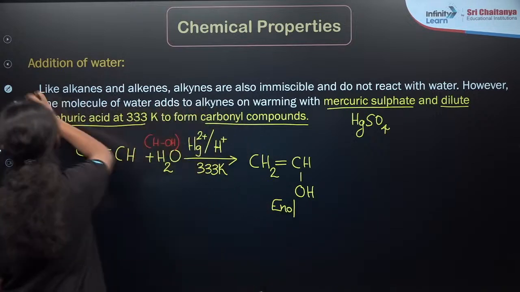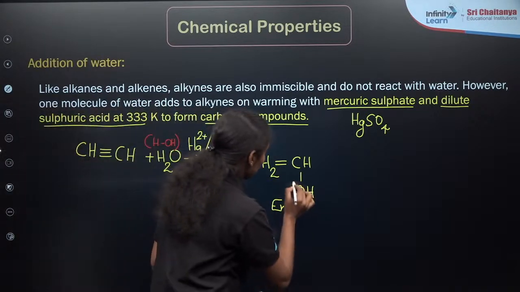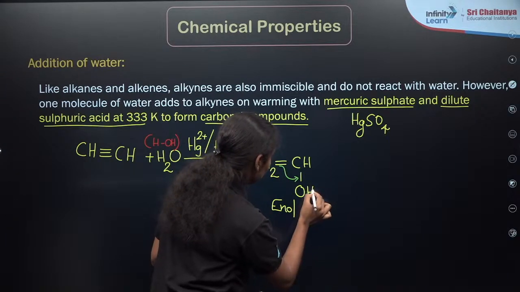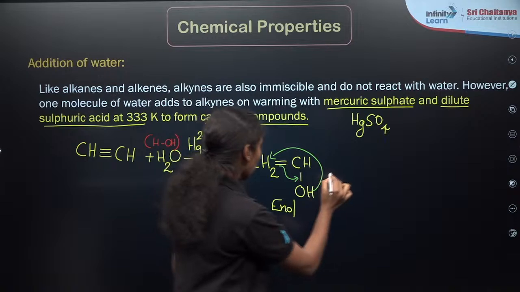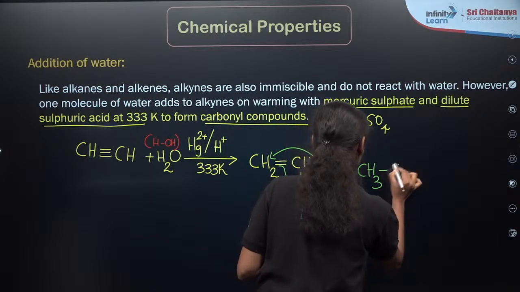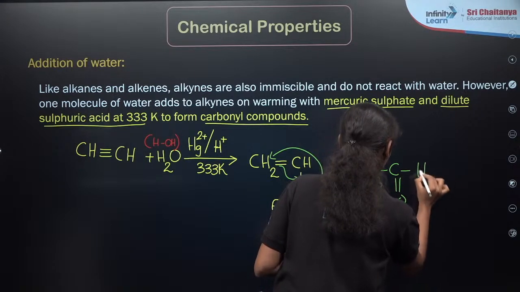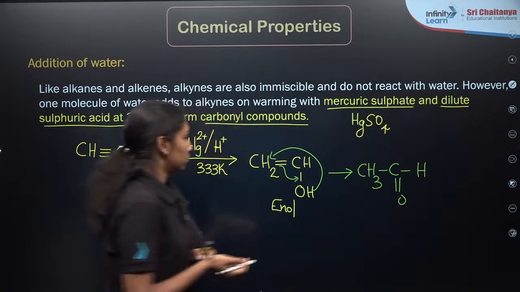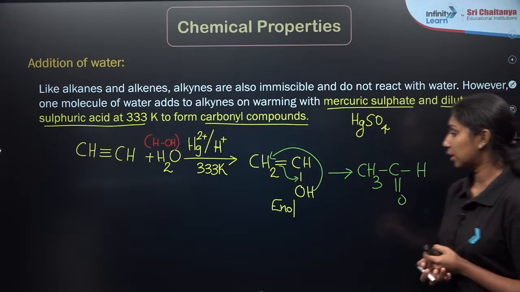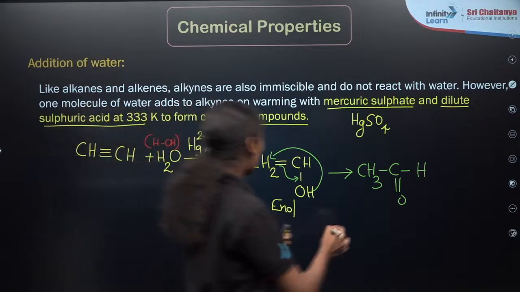Then here you have already seen about tautomerism. As you can see over here, this bond will come here and this hydrogen will come towards here, so it will form a carbonyl compound here.